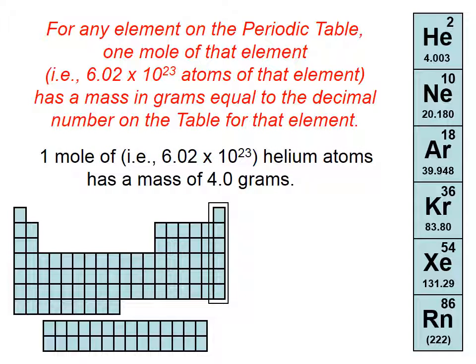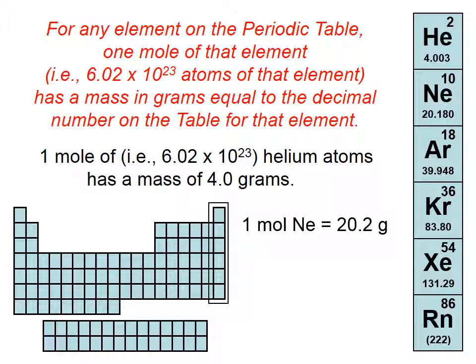So if we round to the 10th place, 1 mole of, that is 6.02 times 10 to the 23rd helium atoms has a mass of about 4 grams. That decimal number for helium is rounded to the 10th place, 4.0. Same for neon.